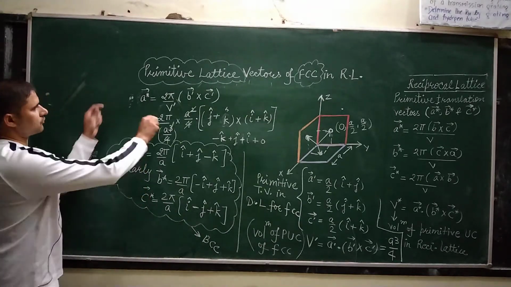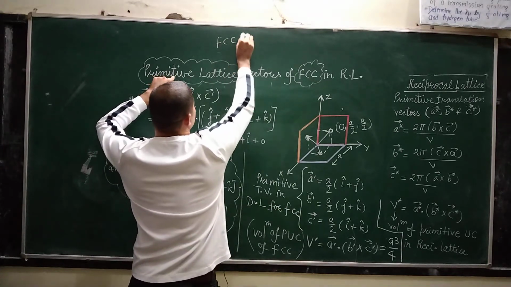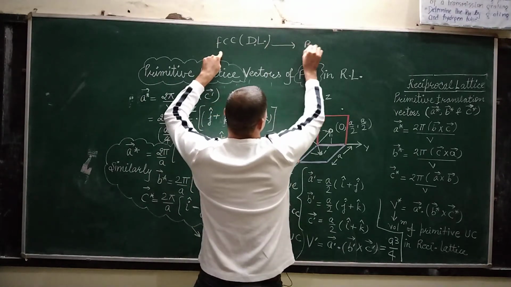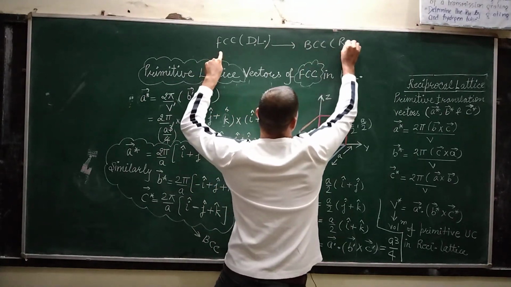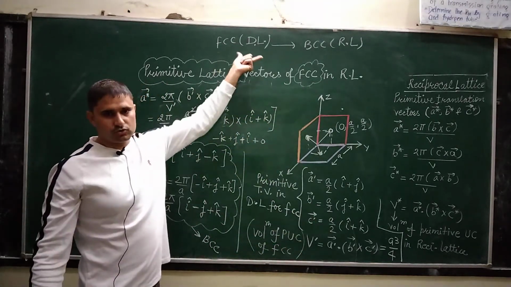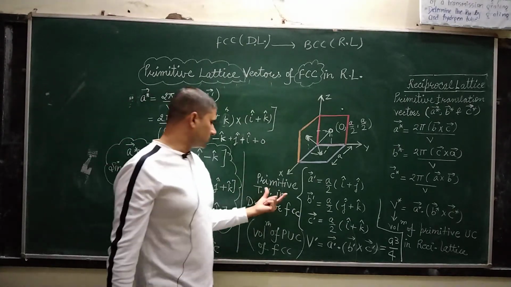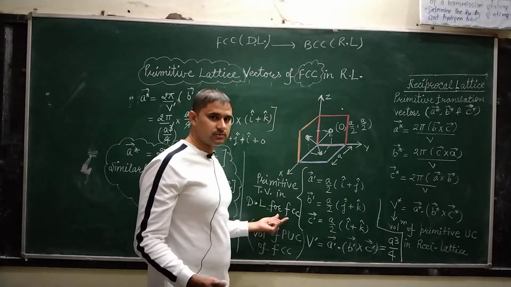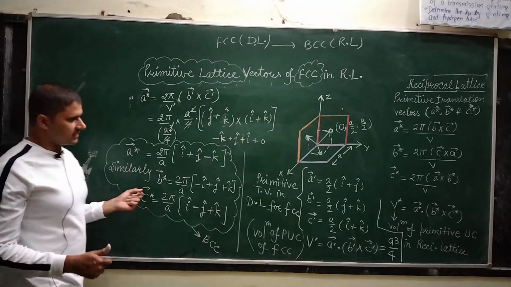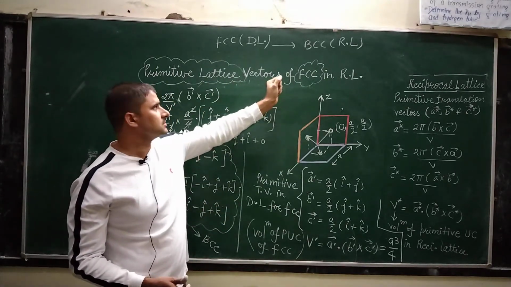Okay, so from here we concluded that FCC in direct lattice will convert into BCC in reciprocal lattice. So simply this is the conclusion. Okay, and you can see the whole thing, how the primitive translation vectors in direct lattice for FCC change into the primitive translation vectors in reciprocal lattice for FCC. Thank you class.